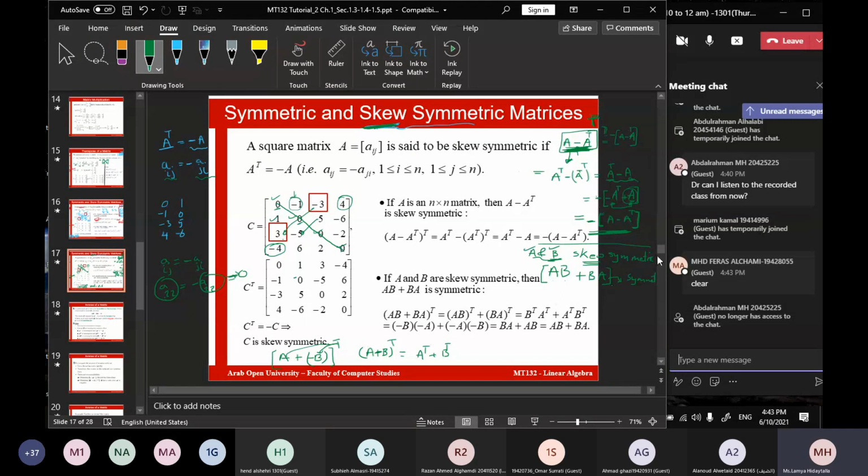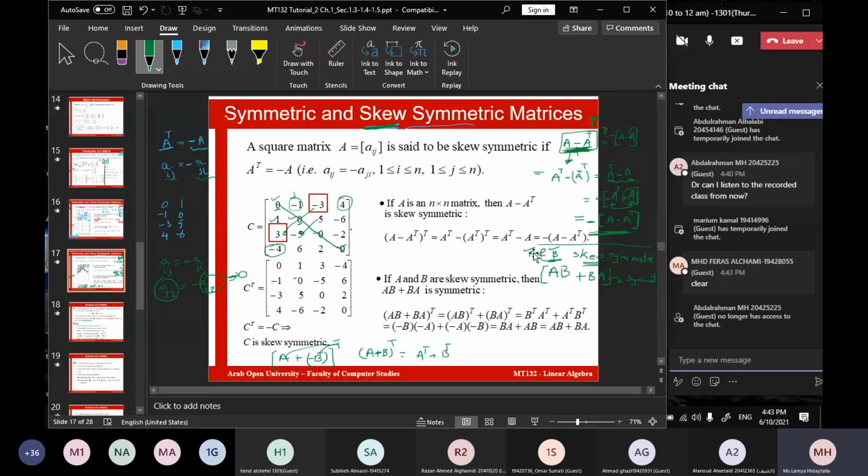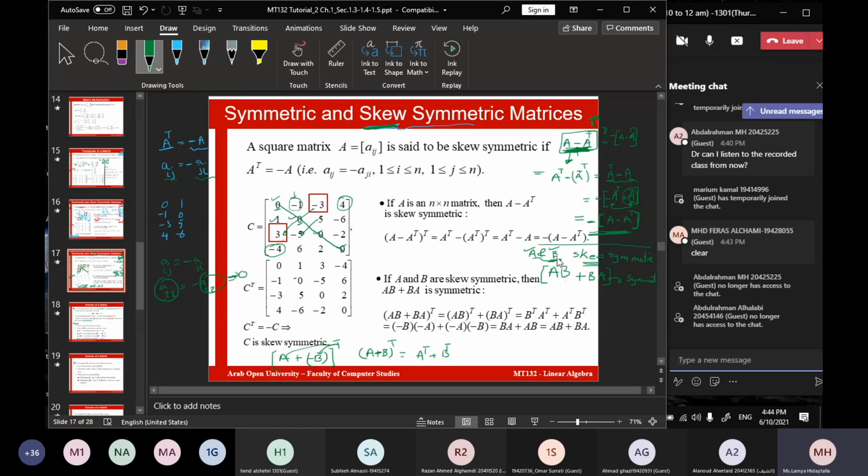So this is another way to find a symmetric matrix. We take a skew symmetric A and another skew symmetric B, then multiply them, find AB and also BA, and then add them. It is going to be a symmetric matrix.